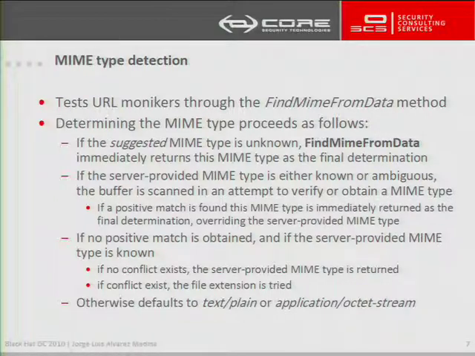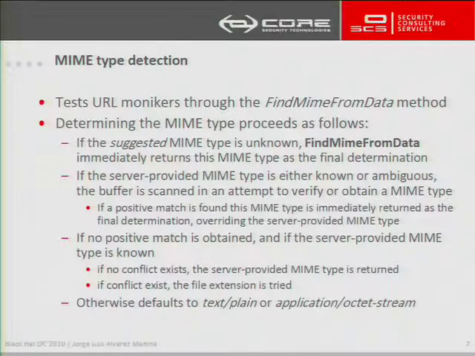But when there is no coincidence and the server-supplied MIME type is known, for example, if the object that the server is serving is an HTML resource with content type text/html, and the FindMimeFromData function cannot reliably detect that this is actually HTML content, it will take an action based on another thing.